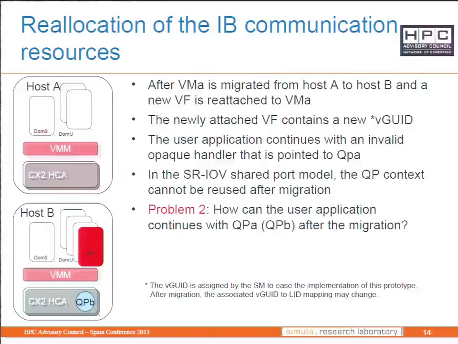But the user application doesn't know that a new Q pair has been assigned, so it still tries to talk to Q pair A. So the second problem now is how the user application can continue to operate after we migrate the virtual machine, by talking to Q pair A, which is now actually Q pair B.